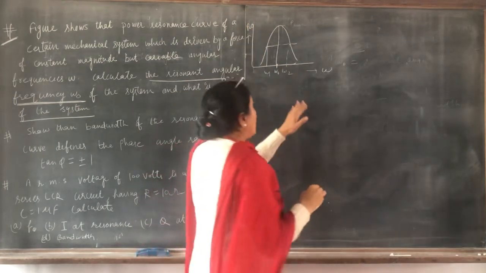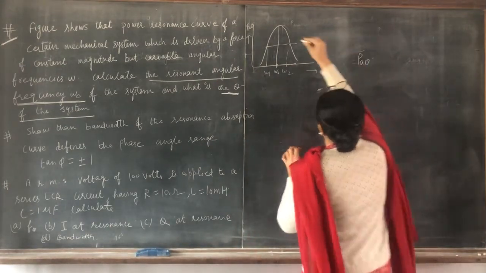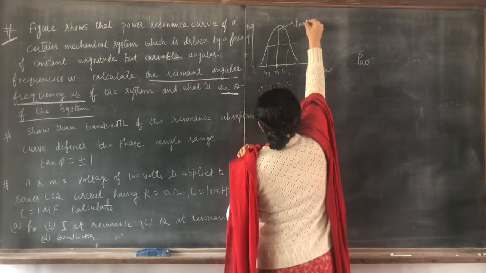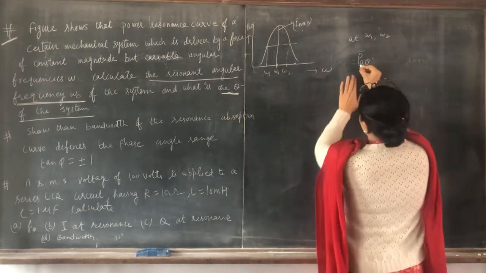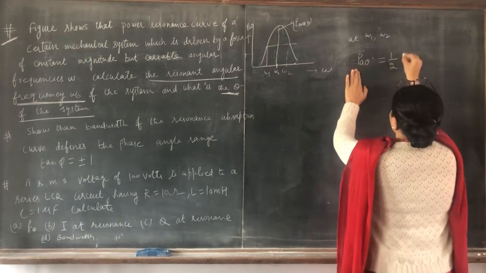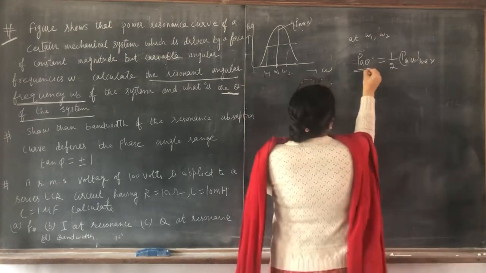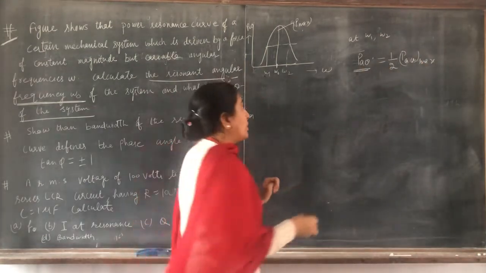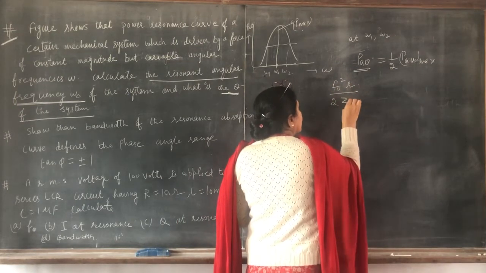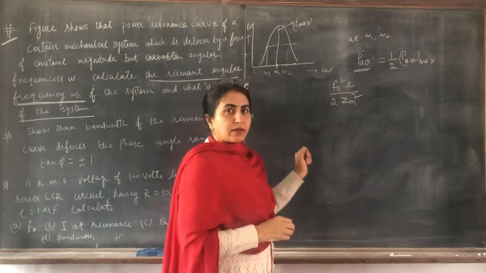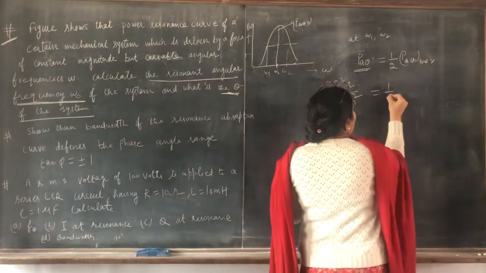At omega 1 and omega 2, the average power becomes half the maximum average power. And average power, you know, is equal to F naught square R over 2 Zm square, where Zm is the mechanical impedance, and this is equal to half the maximum power.